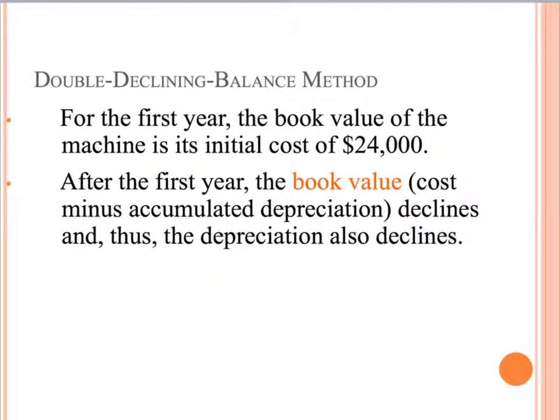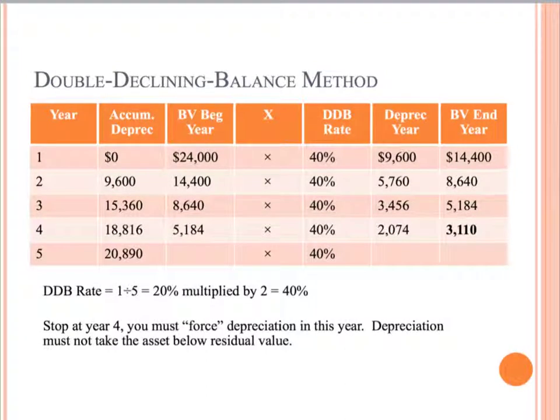Let's take a look at an example. For the first year, the book value of the machine is an initial cost of $24,000. After the first year, the book value, cost minus accumulated depreciation, declines, and thus the depreciation also declines. Here we can see a chart of double declining balance. You can see that in year 1, accumulated depreciation thus far, 0.